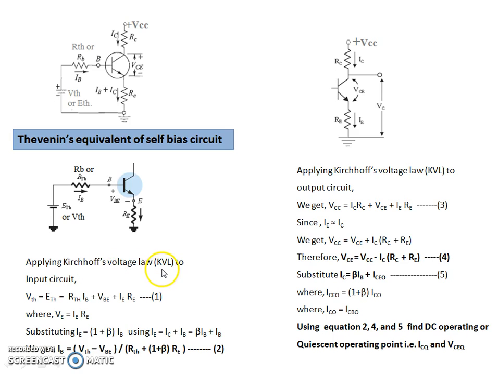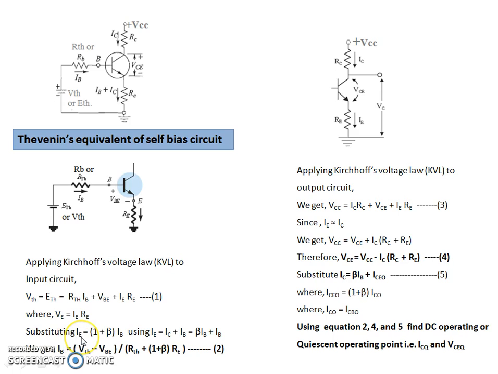Applying Kirchhoff's voltage law to input loop, we have VTH is equal to RTH into IB drop plus VBE drop plus IE into RE drop, where VE is equal to IE into RE.